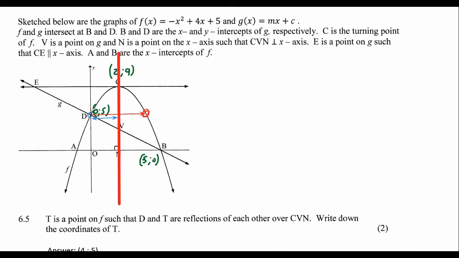Because this x value is 0, and this x value is 2, because it's the same as the turning point's x value. And so that horizontal distance would be 2. And so this horizontal distance on the other side would also be 2. And so if you had to look at it carefully, we should find that this should be 4 and 5.